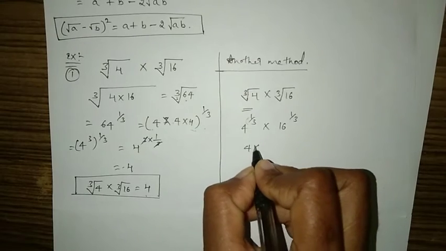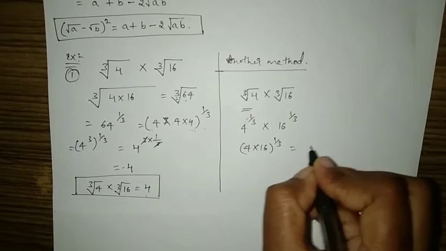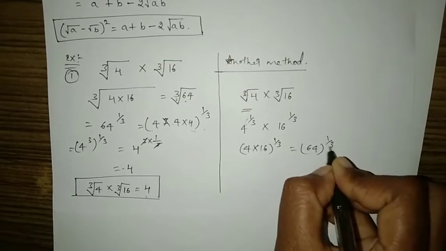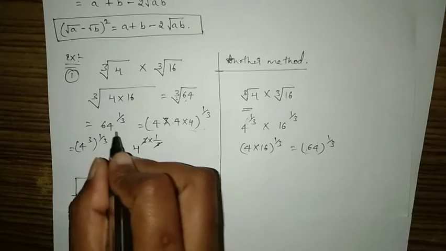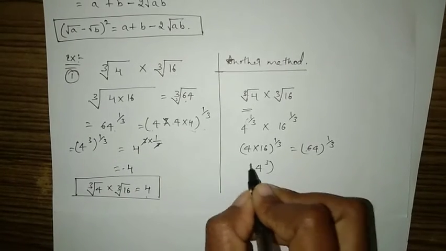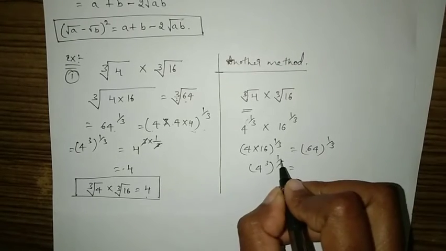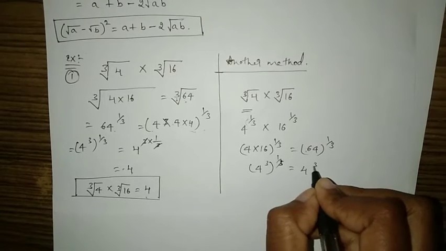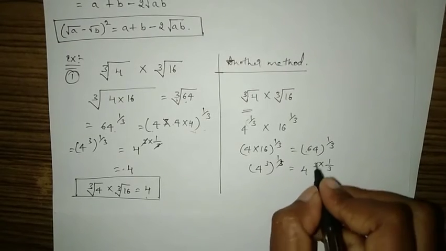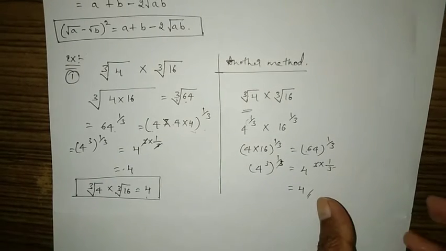So we can write as (4 into 16) power 1 by 3. That is 64 power 1 by 3. So we can do the same steps here. We can use the same step here: 4 cube to the power 1 by 3. Then take this 3 outside, 4 power 3 into 1 by 3. So cancel the 3s, we end up with 4. This is another method which we can try. Let's take another sum.